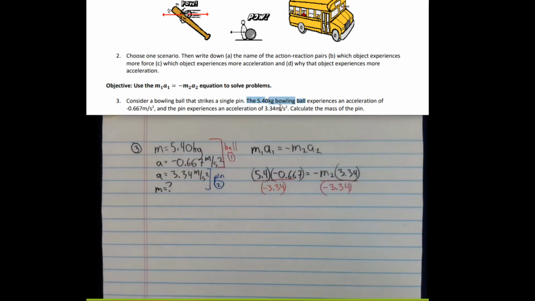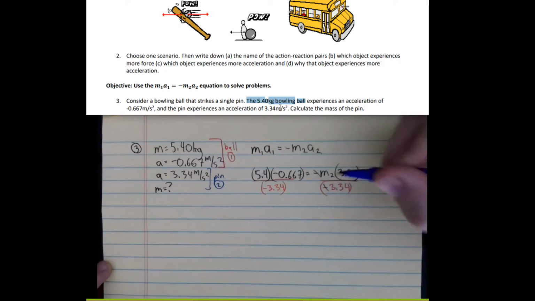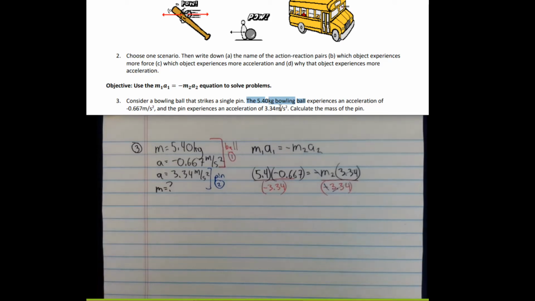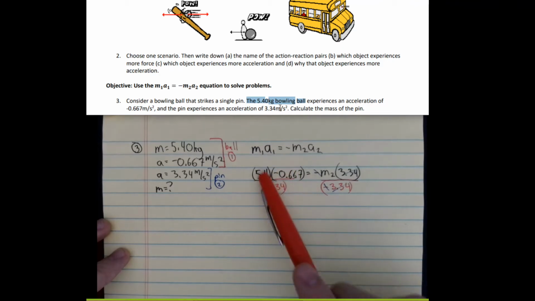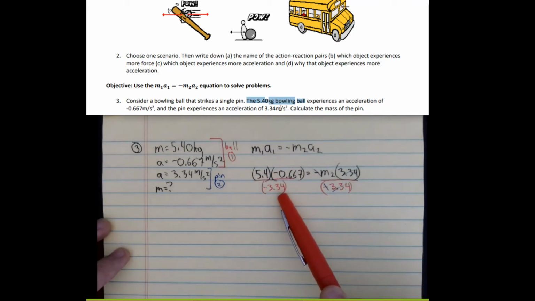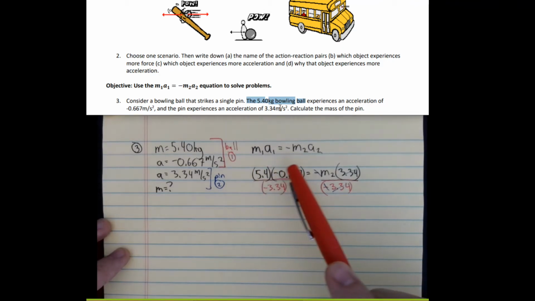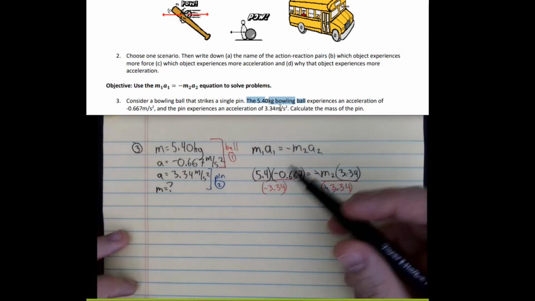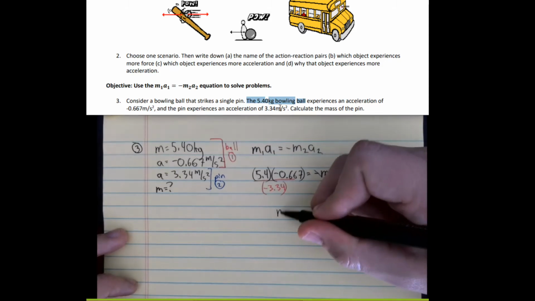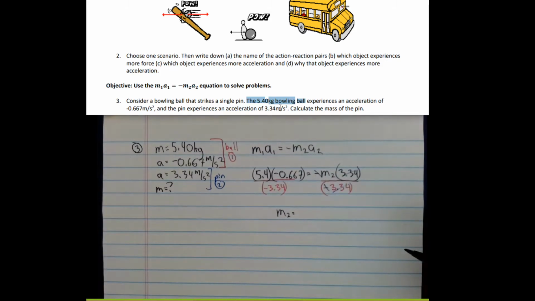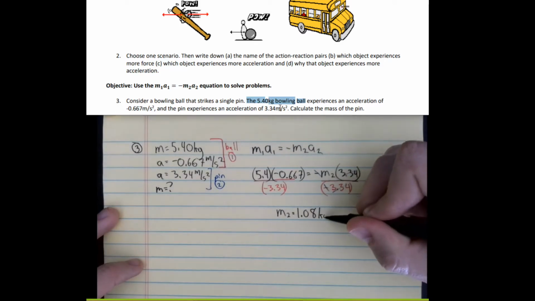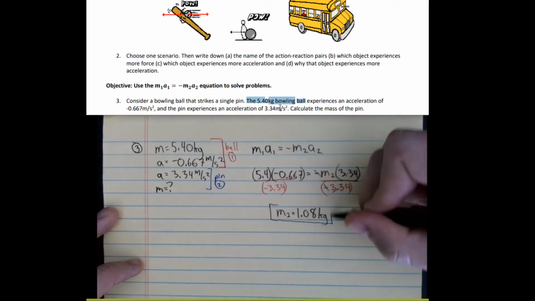So the negative cancels the negative. The 3.34 cancels the 3.34. And here I have a nice, beautiful term that I can just type into my calculator all at once. 5.4 times this number divided by this number. And it looks like the negatives canceled there too. M2 is 1.08 kilograms.